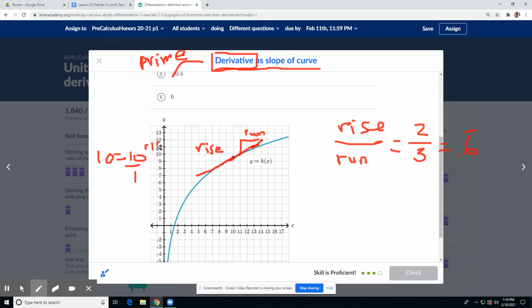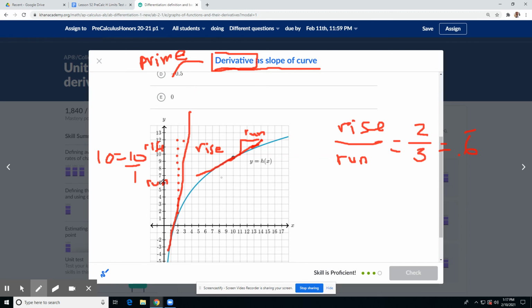So this would be the rise. This would be the run. So it would be something like rise 10 from here, 1, 2, 3, 4, 5, 6, 7, 8, 9, 10, run 1.